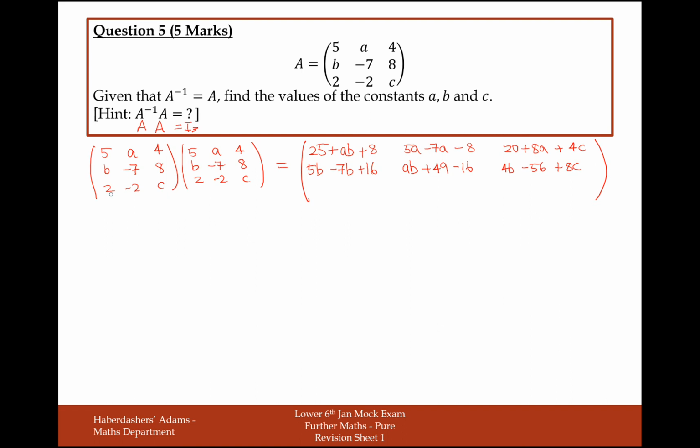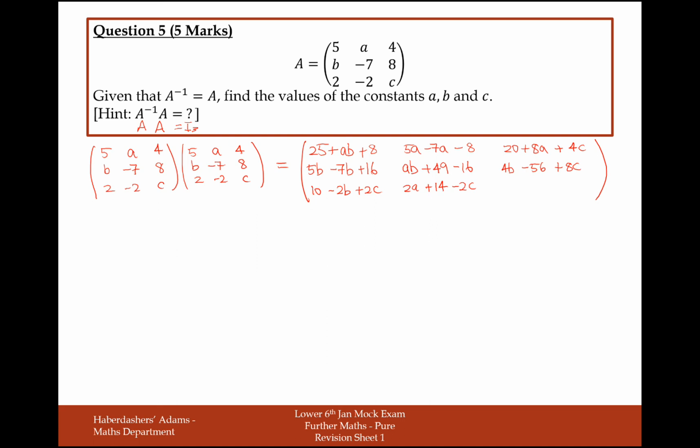Okay, so final row here now. 2 times 5 is 10, minus 2 times b is minus 2b, and c times 2 is plus 2c. 2 times a is 2a. Minus 2 times minus 7 is plus 14, and c times minus 2 is minus 2c.